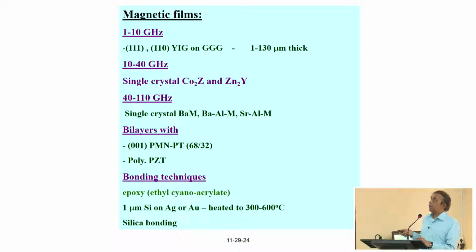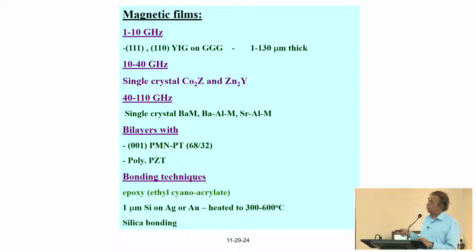So, as I mentioned earlier, depending on the frequency where you want to operate the device, you have to choose the appropriate ferromagnetic oxide, and for 1 to 10, maybe 12 gigahertz, yttrium iron garnet. These are usually deposited on gadolinium gallium garnet substrates, and the best technique for depositing these films on GGG would be liquid phase epitaxy.